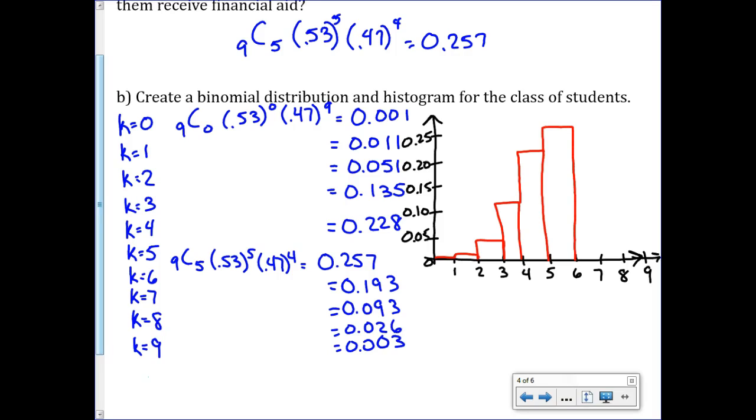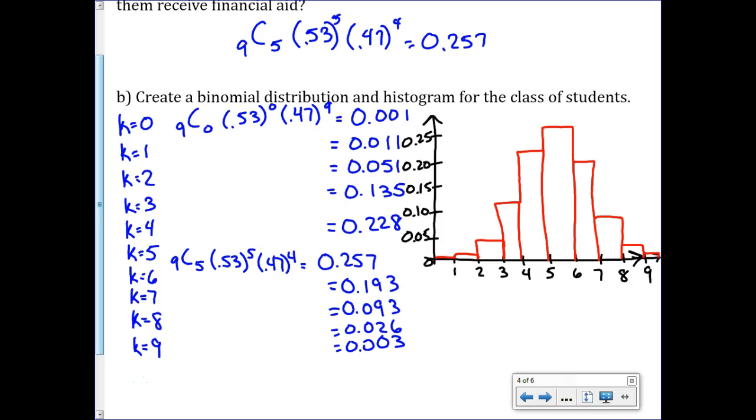Then 0.193 is right below that 0.20. 0.093 is below that 0.10. 0.026 is about halfway to 0.05, and 0.003 is back down here. So there's our histogram of our binomial distribution.